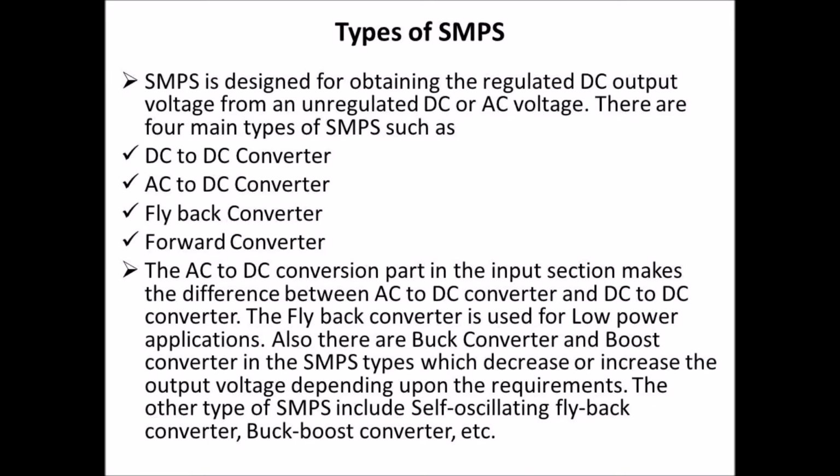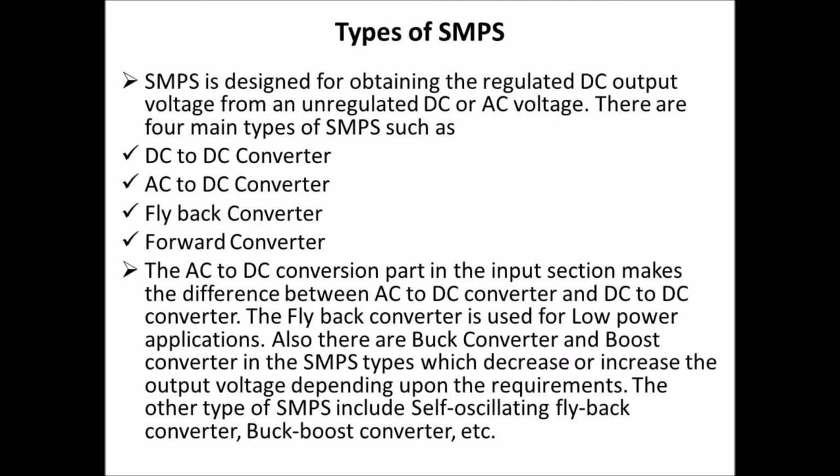Next, we can discuss the types of SMPS. SMPS is designed for obtaining the regulated DC output voltage from an unregulated DC or AC voltage. There are four main types of SMPS such as DC to DC converter, AC to DC converter, flyback converter and forward converter.